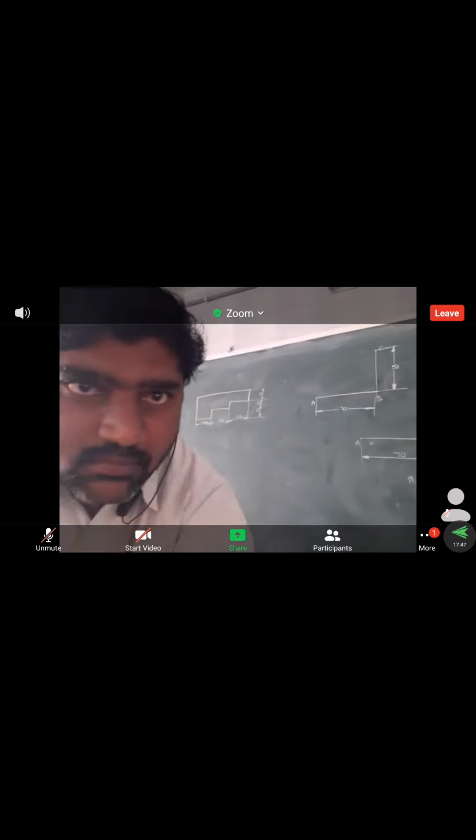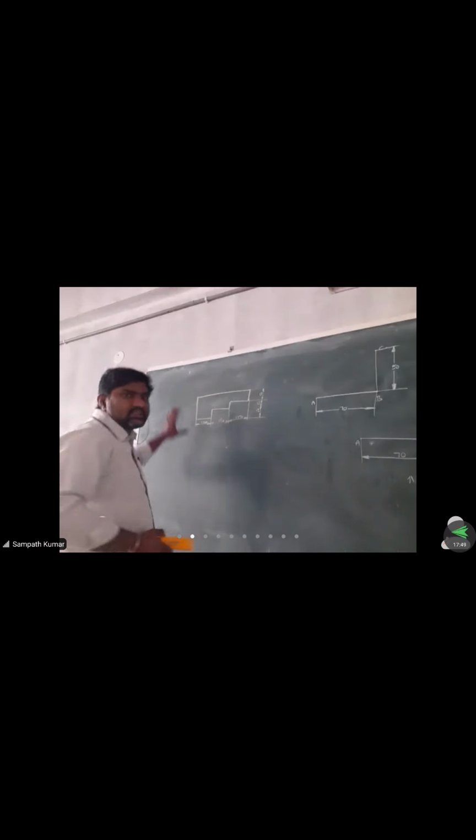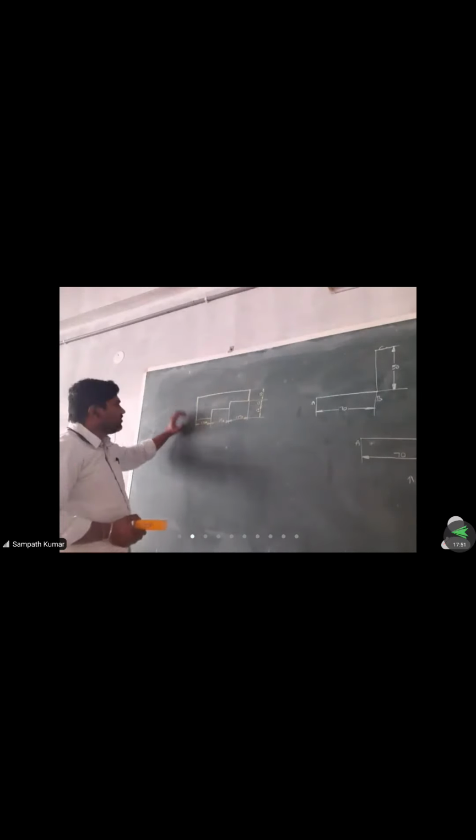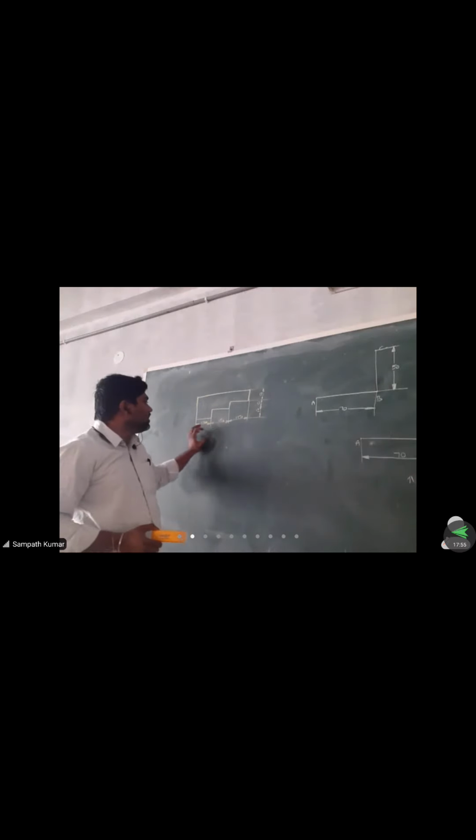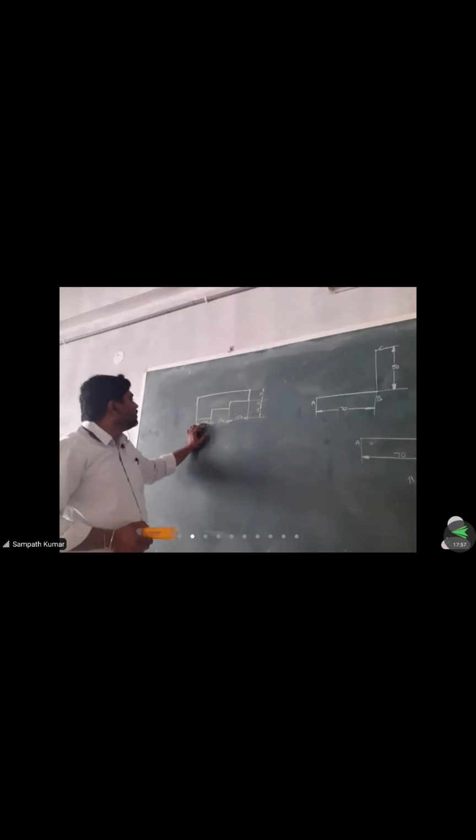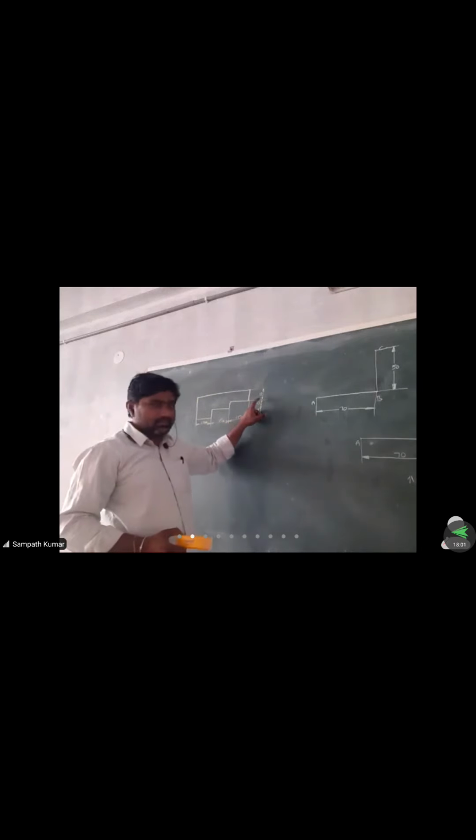Okay, for example, we have to go for this diagram. Visible or not? Okay, he has given in this diagram the values 100 mm, 100 mm, 150 mm, 150 mm, 50 mm, 50 mm, and 50.